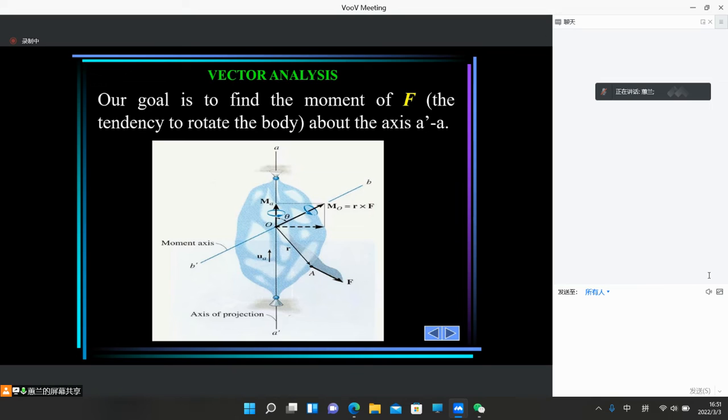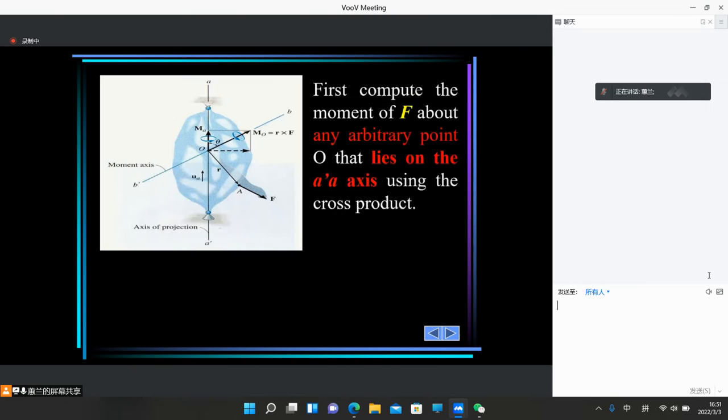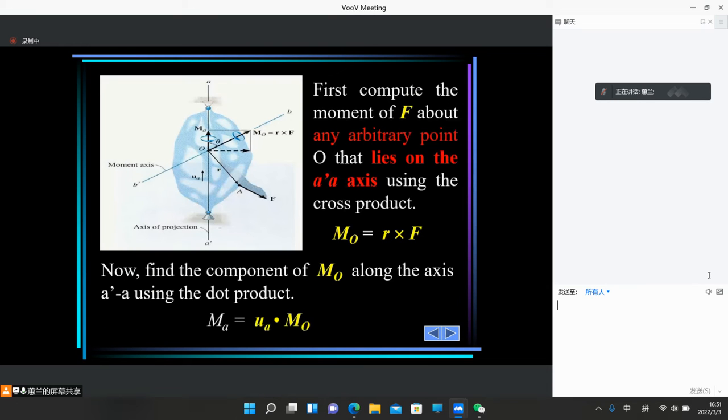Here, we use the dot product to find the moment about an axis. So first, calculate the moment of F about any point, you just choose what you like, only if it lies on the AA prime axis.